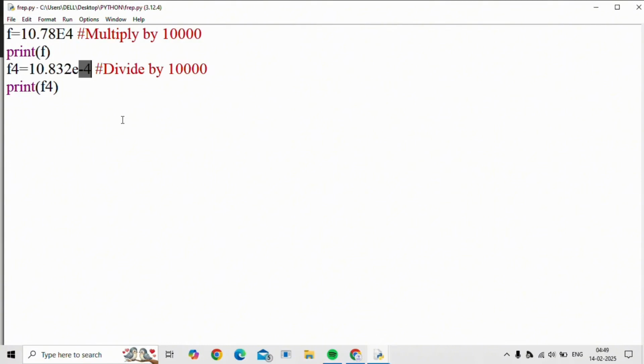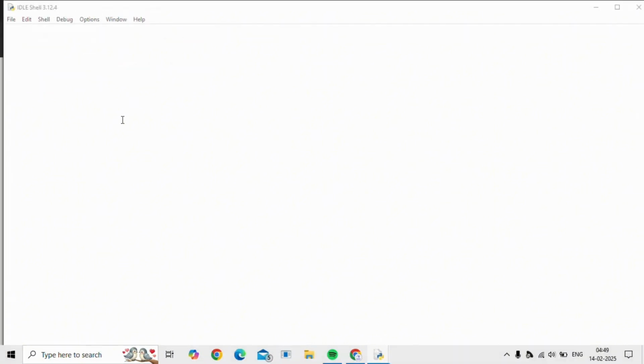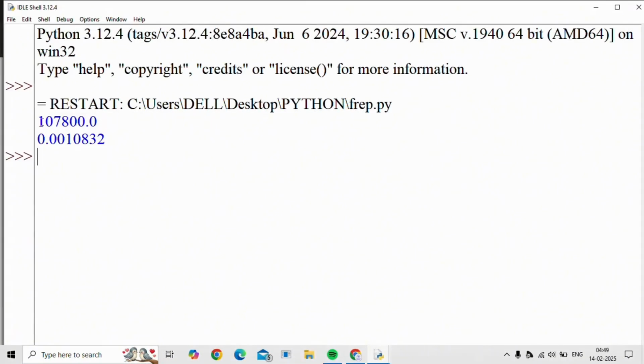When we run the program, output will be displayed. So the decimal points will be shifted accordingly based on the positive value or negative value.